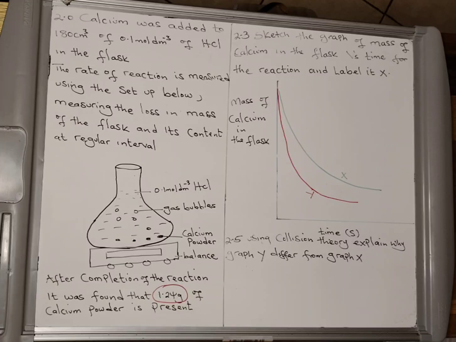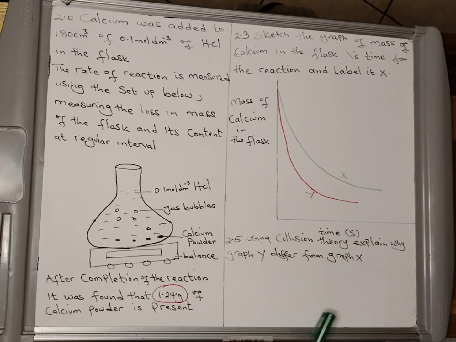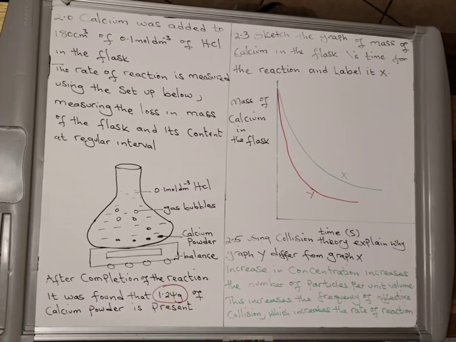It increases the number of particles per unit volume. Concentration is the number of entities per unit volume. So graph Y has a higher number of particles per unit volume compared to graph X. When the number of particles is more per unit volume, the frequency of effective collisions will increase, and so the rate of reaction increases. So the increase in concentration increases the number of particles per unit volume.